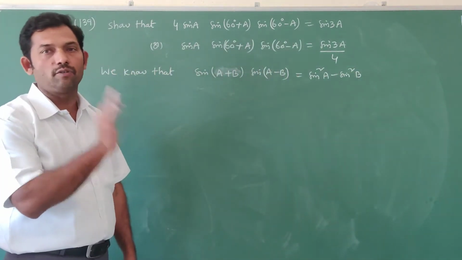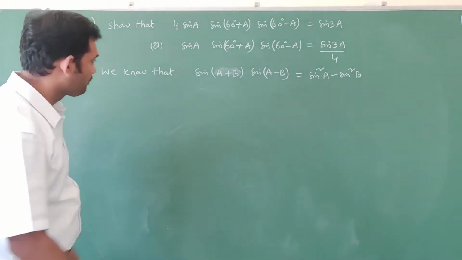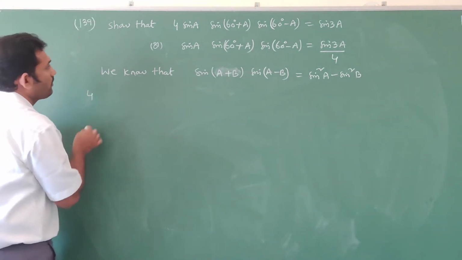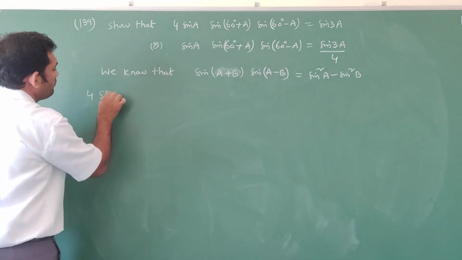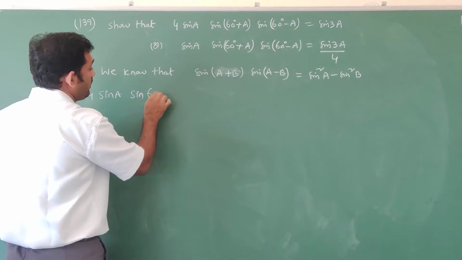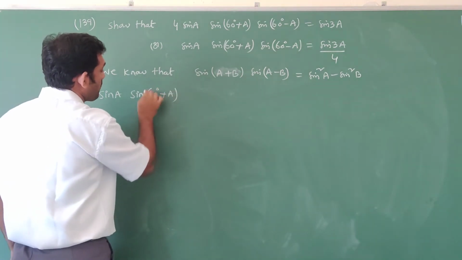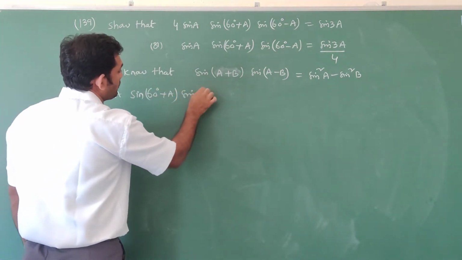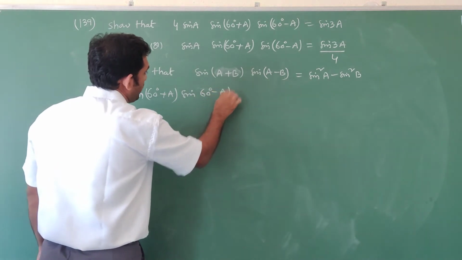Using this one we have to solve. Take that LHS one: 4 sin A sin 60 degrees plus A sin 60 degrees minus A.